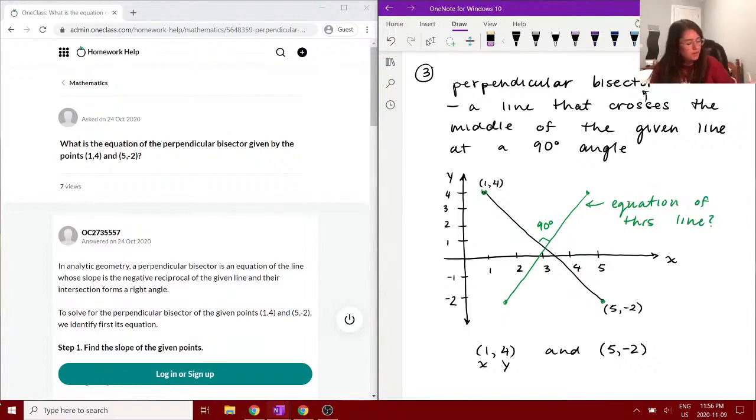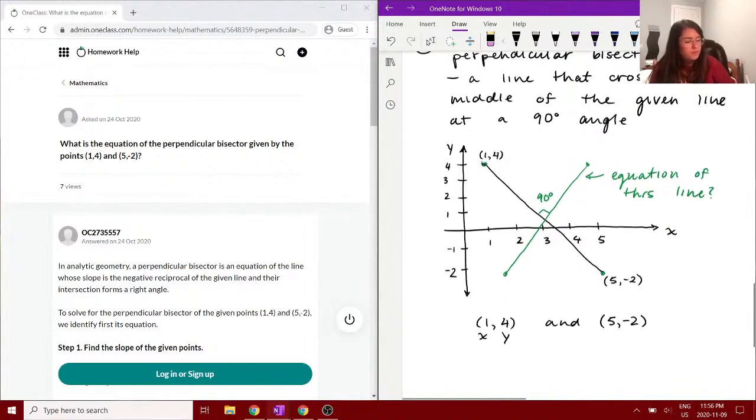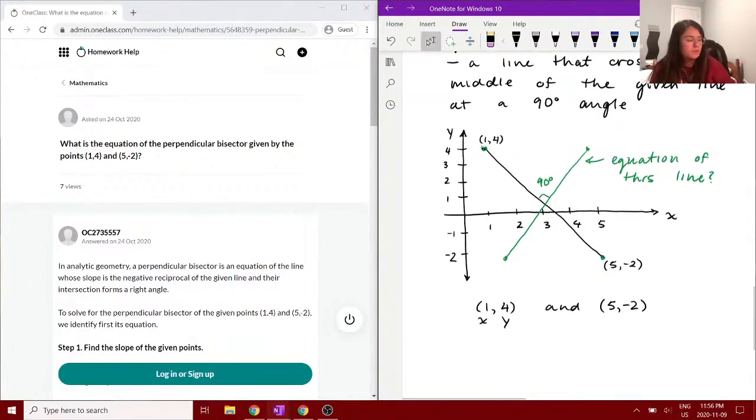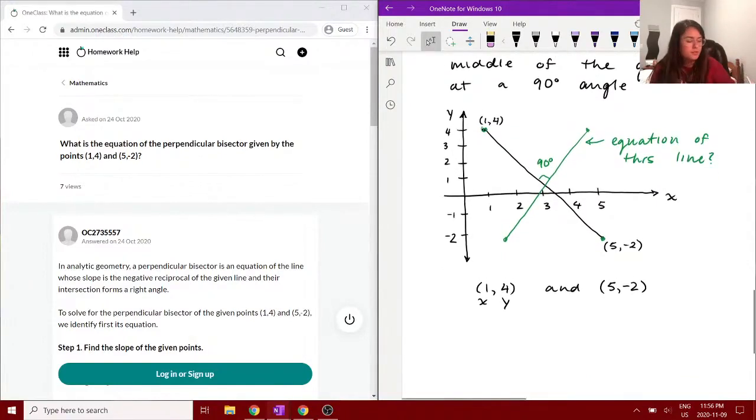Okay, so in order to find the equation of this line, we have to first find the slope.